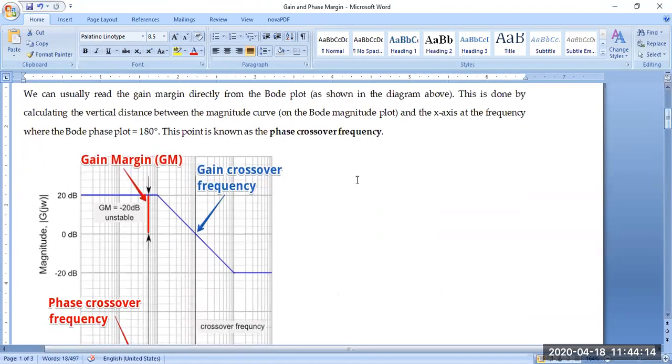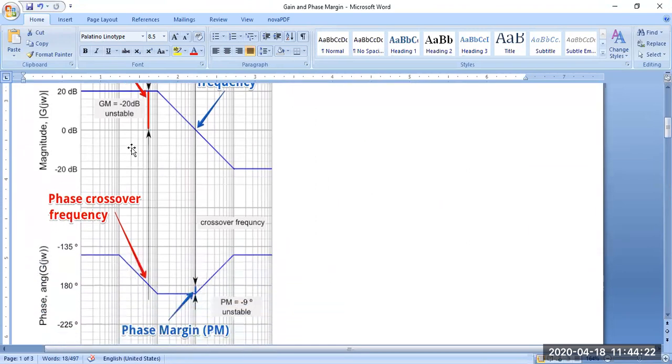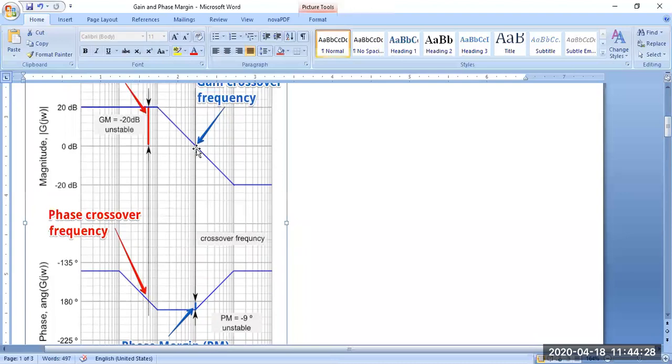Now there is one more point. You can see here, the system is unstable because both phase margin and gain margin are negative. But if you observe gain crossover frequency, that is omega GC, and phase crossover frequency, omega PC, here omega GC is greater than omega PC.